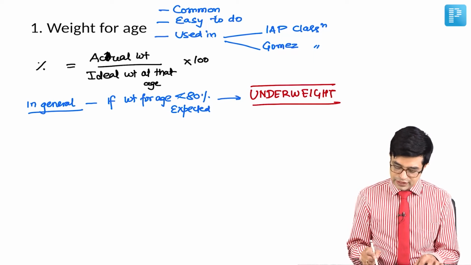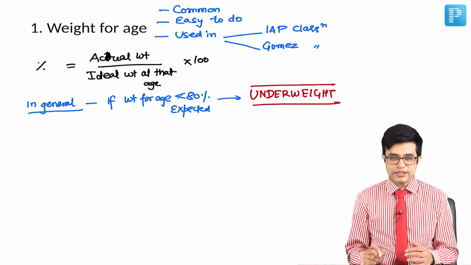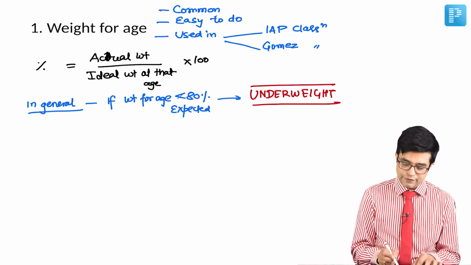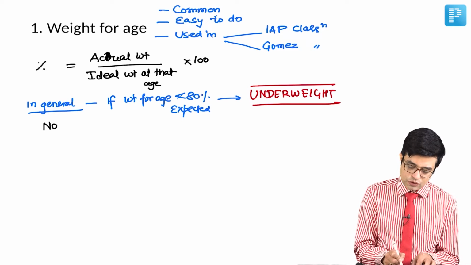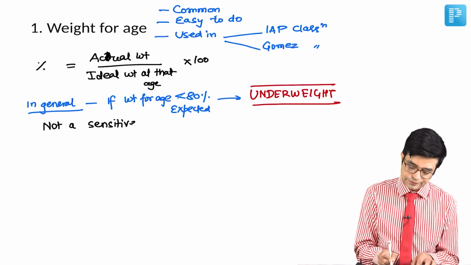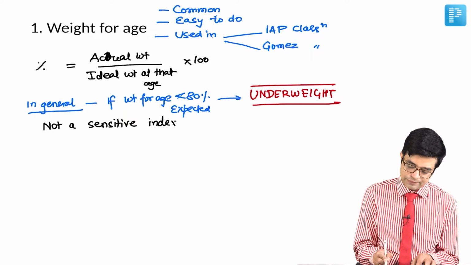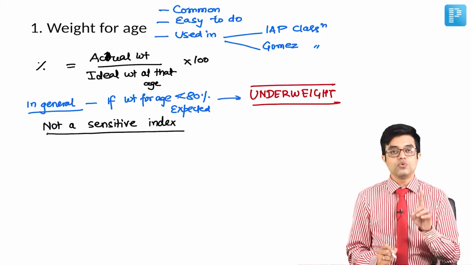Weight for age, there are some advantages, some disadvantages. Weight for age, although it is very commonly done, it is not considered to be a sensitive index. Why? There are two reasons for that.